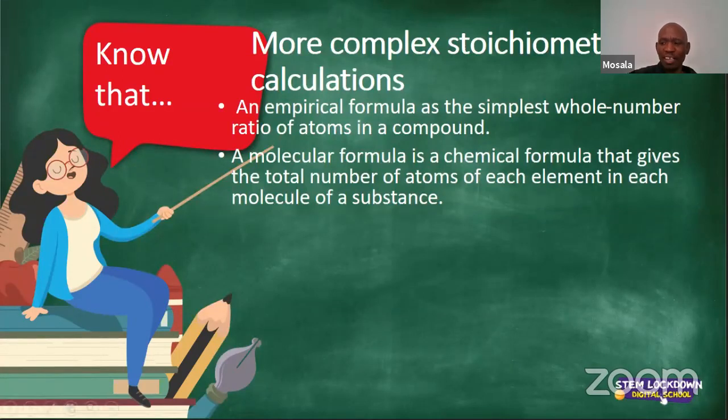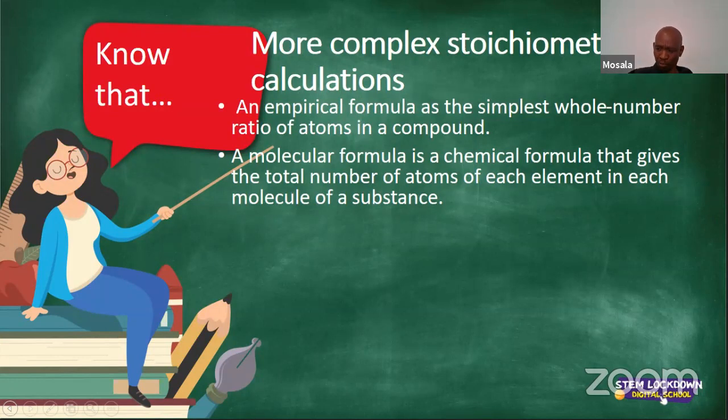So, for instance, if you have an ethene molecule, it will be C2H4.